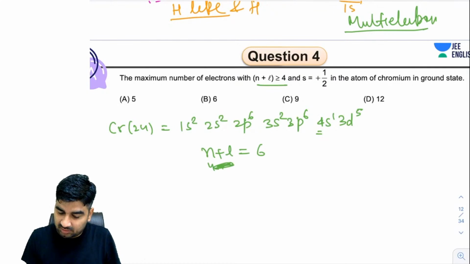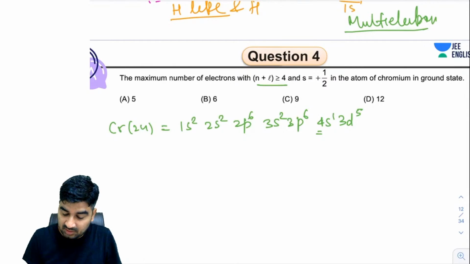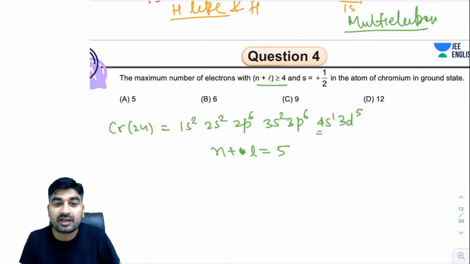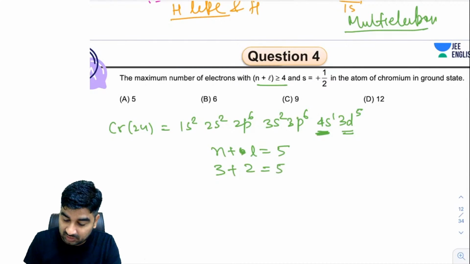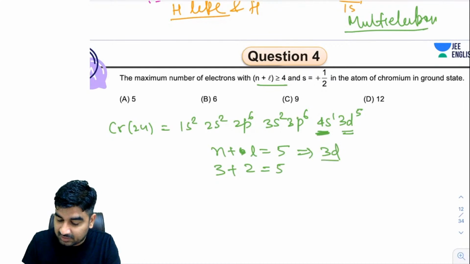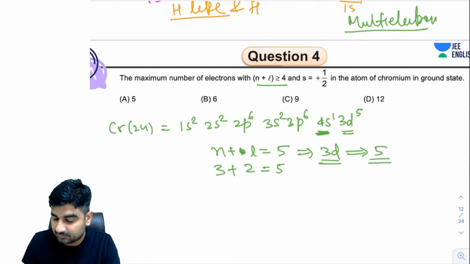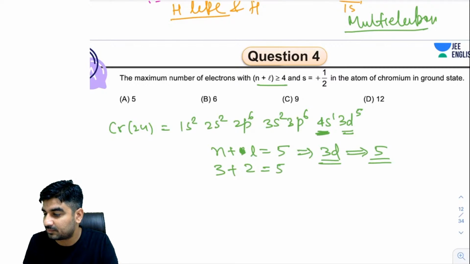So 6 is not possible, so just remove it. Can you get 5? 4 plus 0 will be 4. But for 3d, it will be 3 plus 2, which is 5. Yes, for 3d, n plus l can be 5. So 5 electrons are there for which n plus l will be 5.